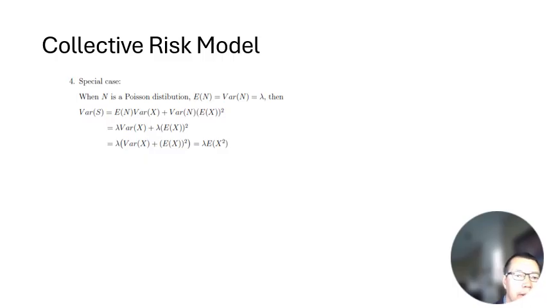Then we finally get lambda times E[X squared]. That's the conclusion. When it's a special case where N is a Poisson distribution, your variance is equal to lambda times E[X squared].